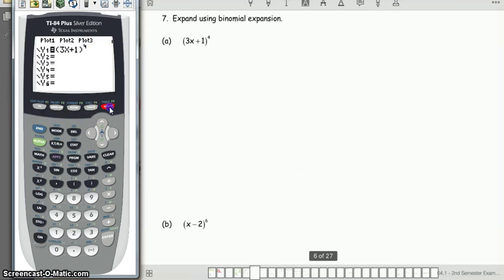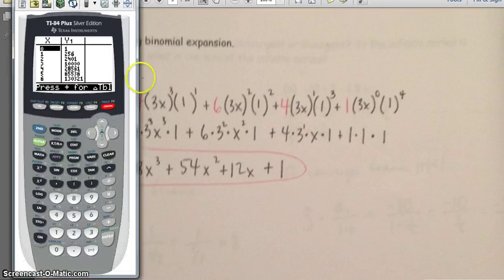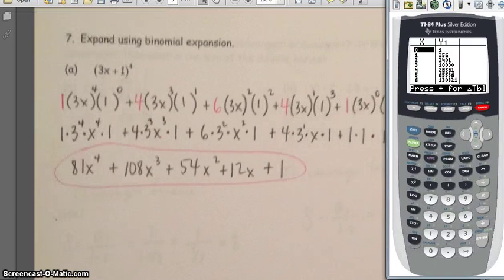And I would simply hit graph, and what I'm looking for is to see if the graphs are the same. If I think they're the same, I go second graph and go to the table, and the values should match up. So I'm going to show you the work for 7A and 7B. Okay, so here's the equation for 7A.